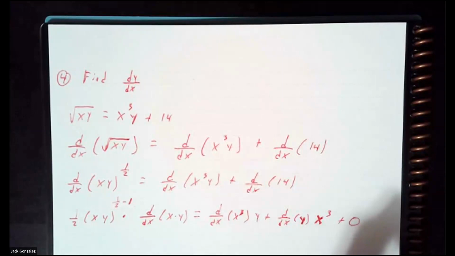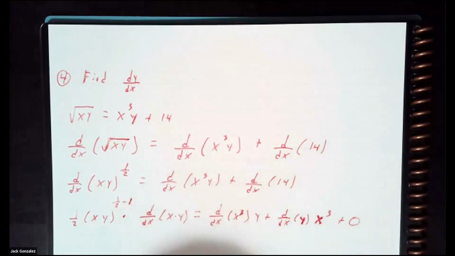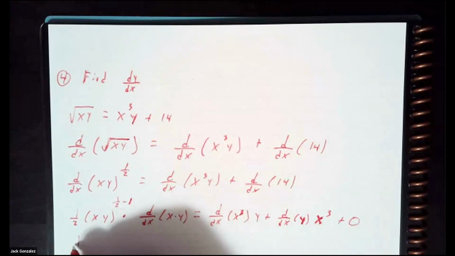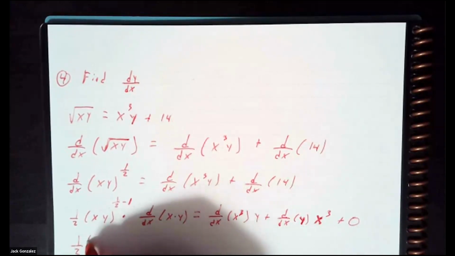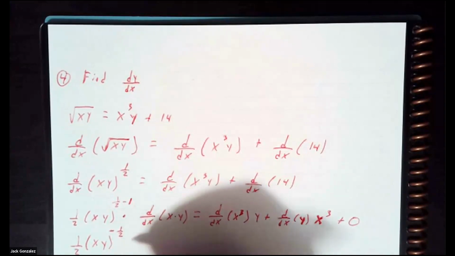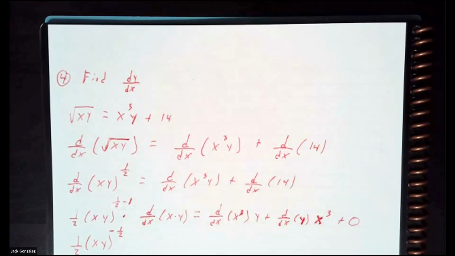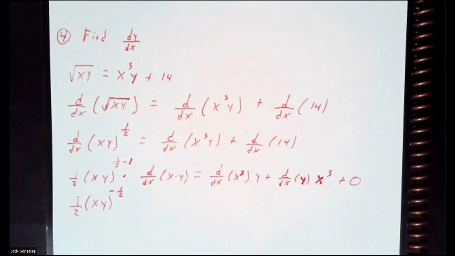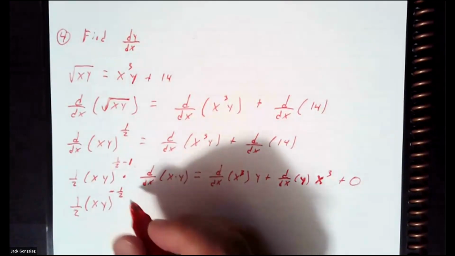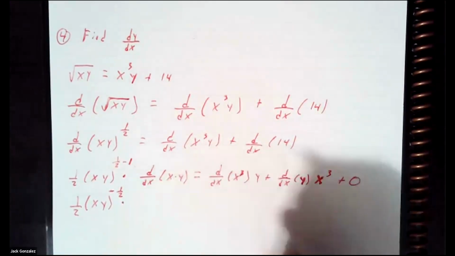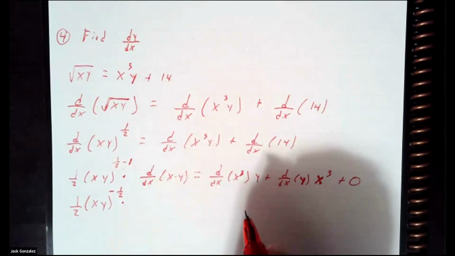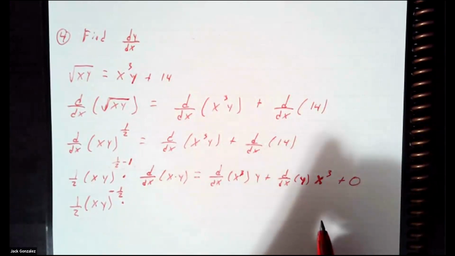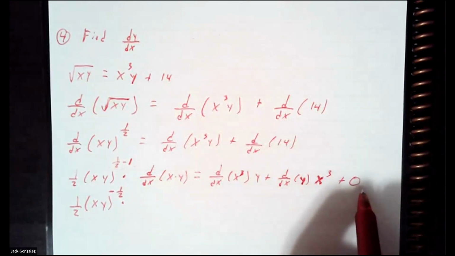Just let me know, because this section assumes that you're a pro at the last few sections, but you're still kind of practicing it. So I understand if it feels difficult, and if it doesn't, that's great. The derivative of 14 is 0, right? Yes. So this is the 0.